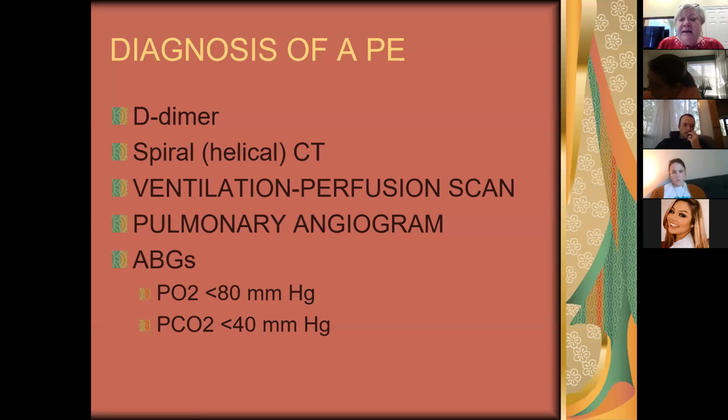PE is a sudden onset of air hunger, tachypnea, dyspnea. So with your PE, you become hypoxic, but you're blowing off your CO2, so you also become hypocapnic. Hypocapnic is a low CO2. Why?